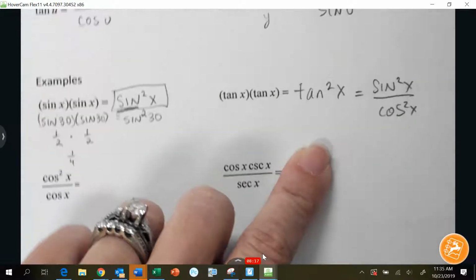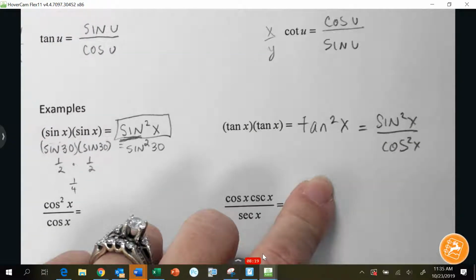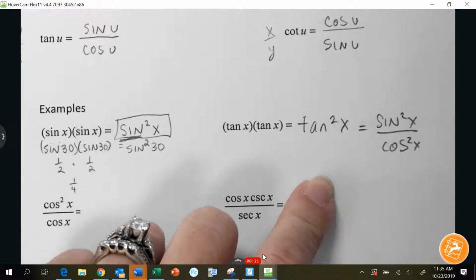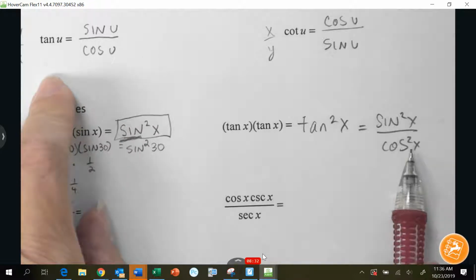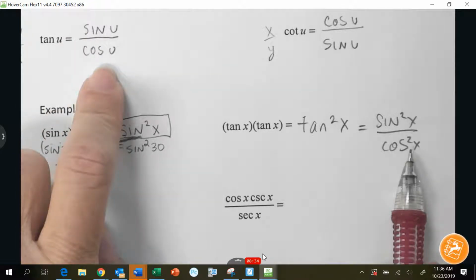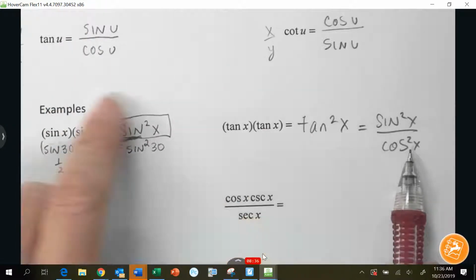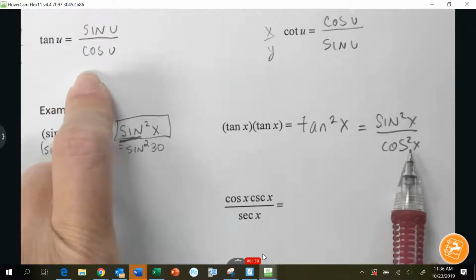That is also the same thing as sine squared x over cosine squared x. Why? What, Cooper? Oh, the quotient identity? I just couldn't hear you. The quotient identity, yeah, right up here, where tangent is the same thing as sine divided by cosine. So if I square the tangent, then I'm squaring the sine and I'm squaring the cosine.